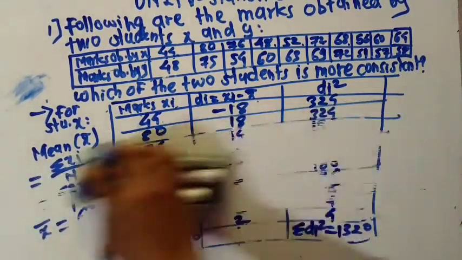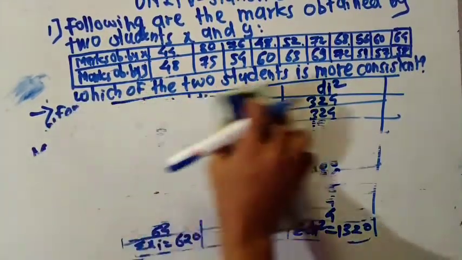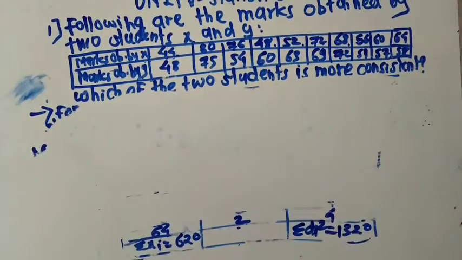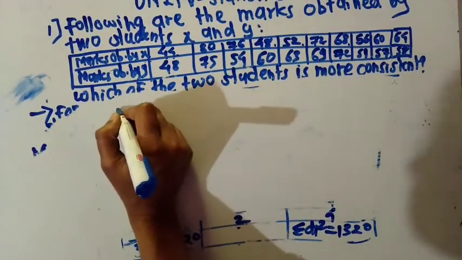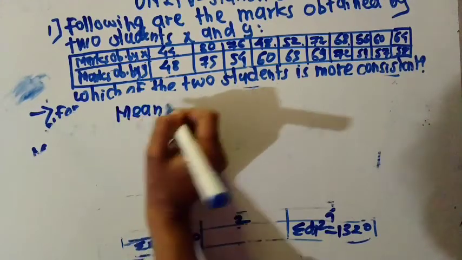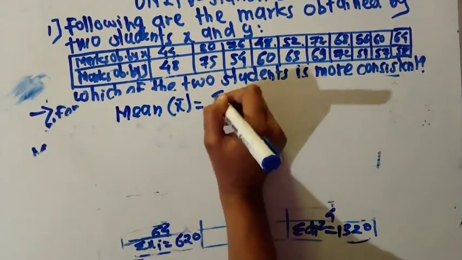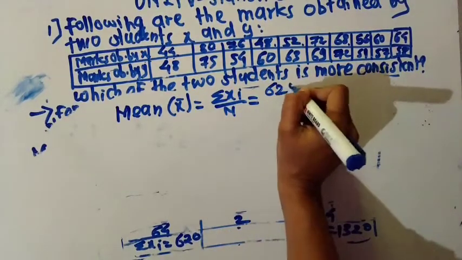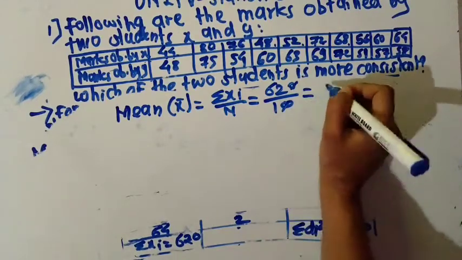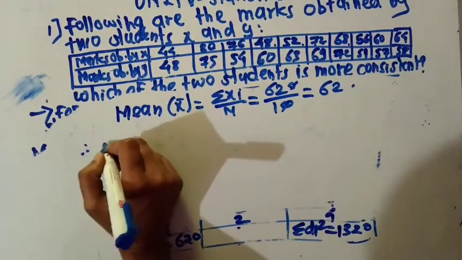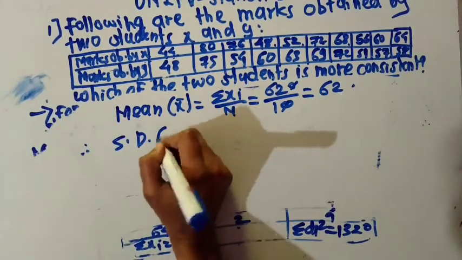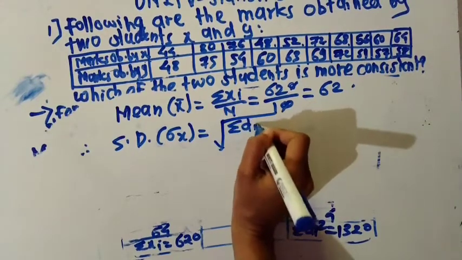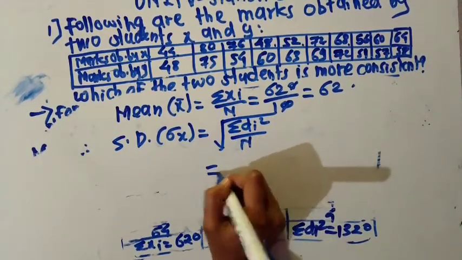Then for student X, find out the coefficient of variance. Hence mean x bar is equal to summation of xi upon n, is 620 upon 10, is 62. Then find out standard deviation sigma x, which is equal to root of summation of di square upon n.